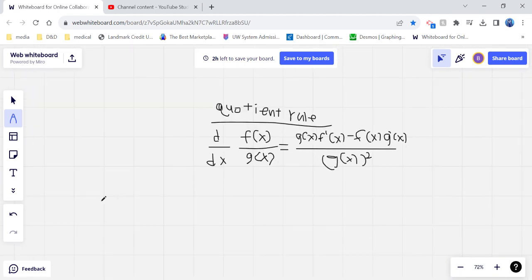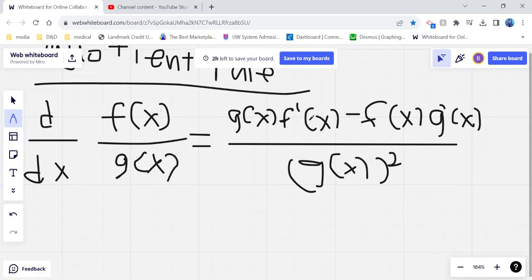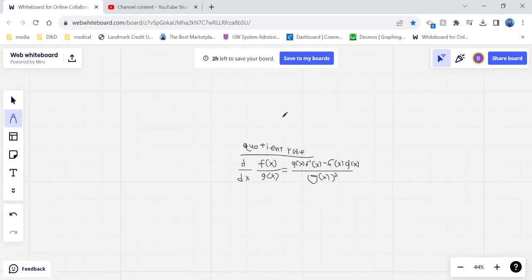But as for memorizing this rule, it's a much more specific rule. You're subtracting these two products, so the order is very important, and you take the square of the bottom. I remember it like this. I say d dx, the derivative, and I think of f of x and g of x as a numerator and denominator, right? So we call this high and low, just as a little mnemonic device.